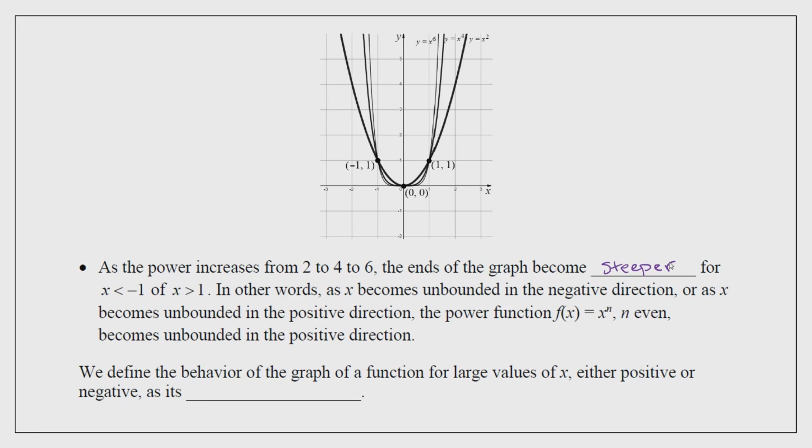So it's going to go to infinity in the y direction as the power increases from 2 to 4 to 6, but it's getting closer and closer to the y-axis. So we define the behavior of the graph of a function for large values of x, either positive or negative, as its end behavior.